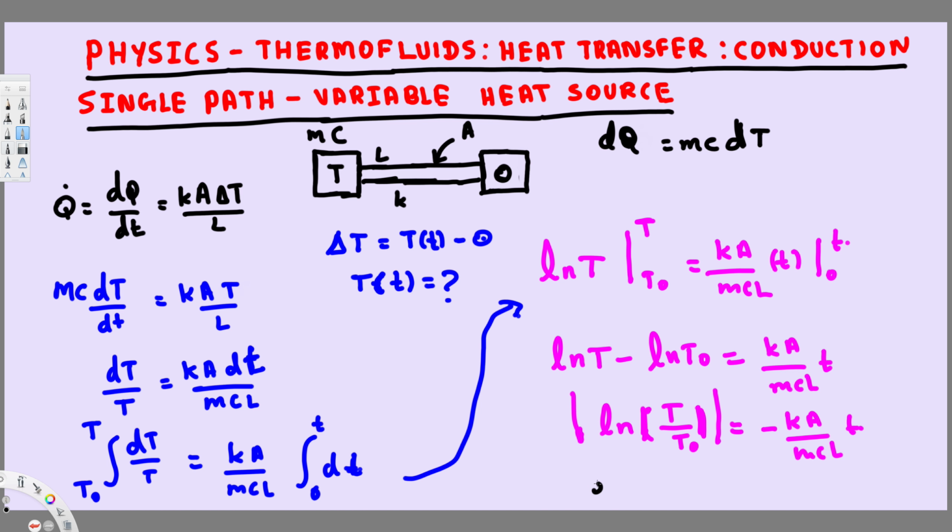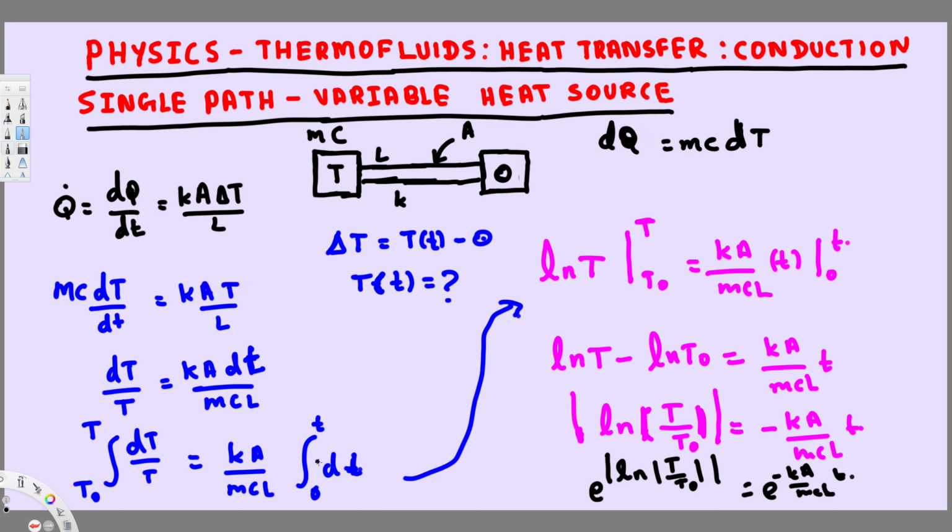So let's write in terms of e power first and then cancel, right? So here we're going to have e power ln T over T naught, that's equivalent to e power negative kA over mcL times t. Now here this e power and ln cancel, so we are going to end up with T over T naught.